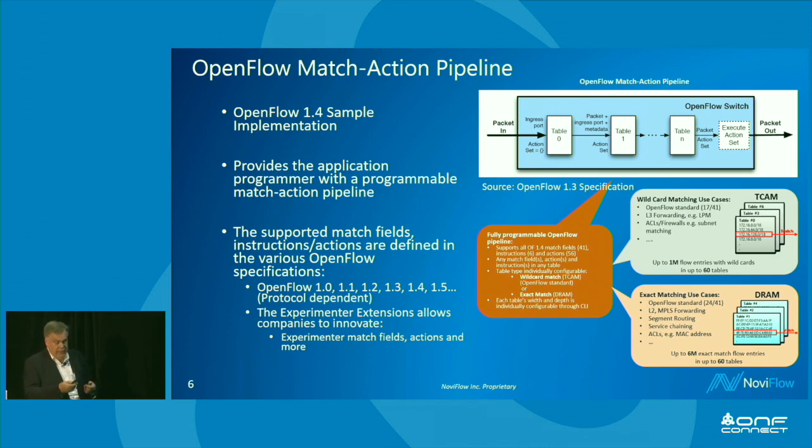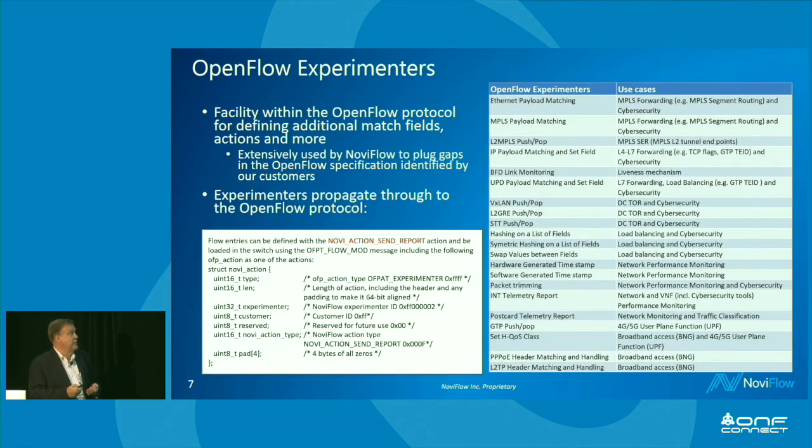But then there was another facility I want to highlight, and this is experimenter extensions that allowed companies to innovate. So you could create your own experimenter match fields, actions and more. And I'll show you some examples.